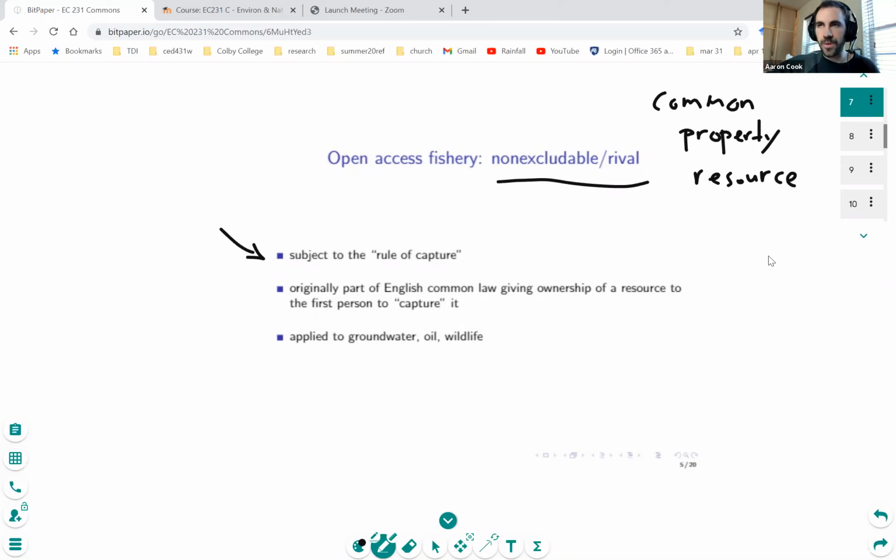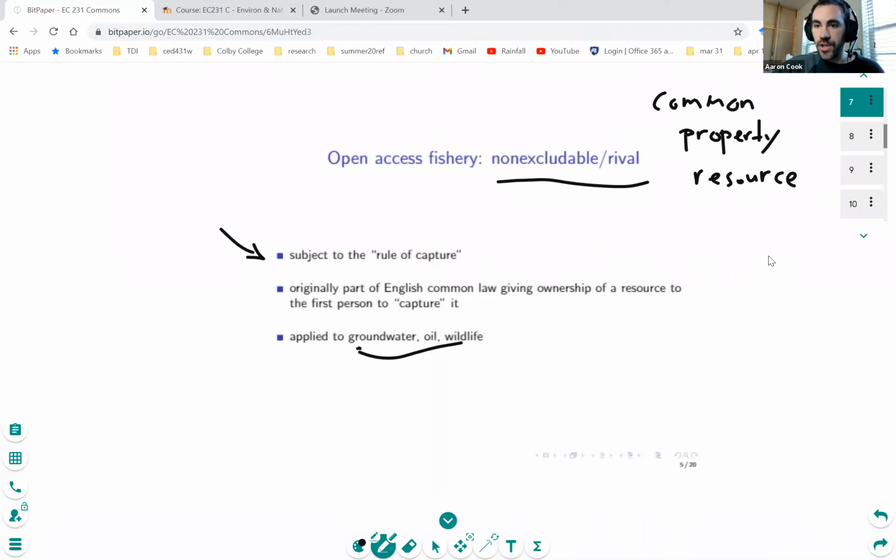The rule of capture says the first person to take it is the one that owns it. And so that applies to this fishery case, but it also applies to things like groundwater and oil and wildlife.